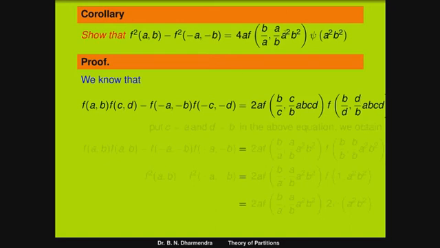We can observe that since it is a square, here we can clearly take c equal to a and d equal to b. So I put c equal to a and d equal to b in the above equation.